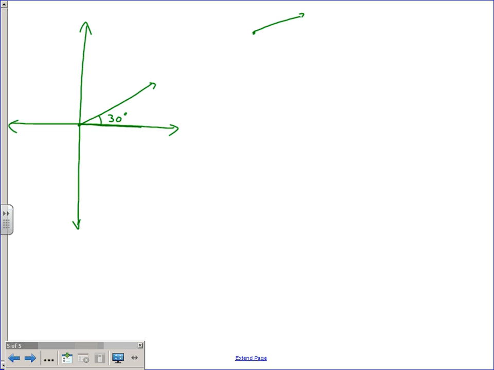What would be a 1/2 rotation? Where do you think a 1/2 rotation would be? First of all, what about a full rotation of that ray? It'd be in the same spot. Perfect. If I started here and went all the way around, how many degrees is that? 360. Okay, so let's take this ray that is 30 degrees, and let's go a full rotation around.